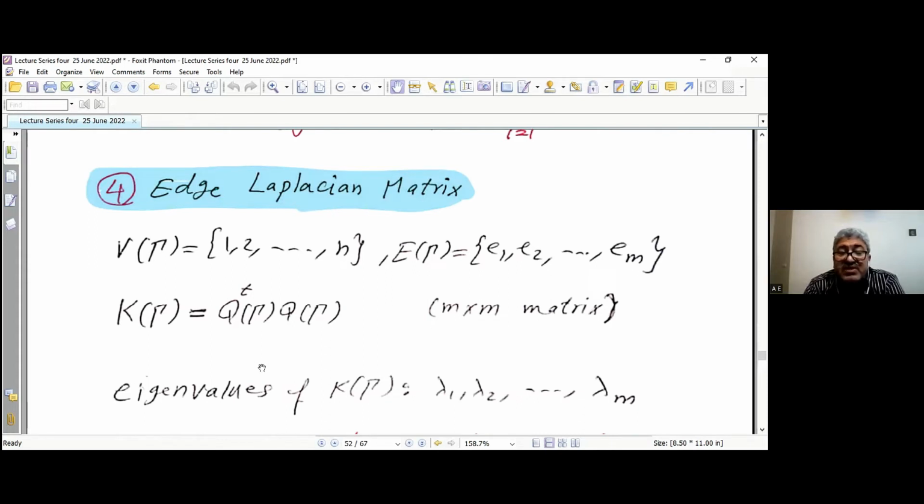So we have M eigenvalues because it's an M times M matrix, right? And that's a symmetric matrix, so we have M real eigenvalues.